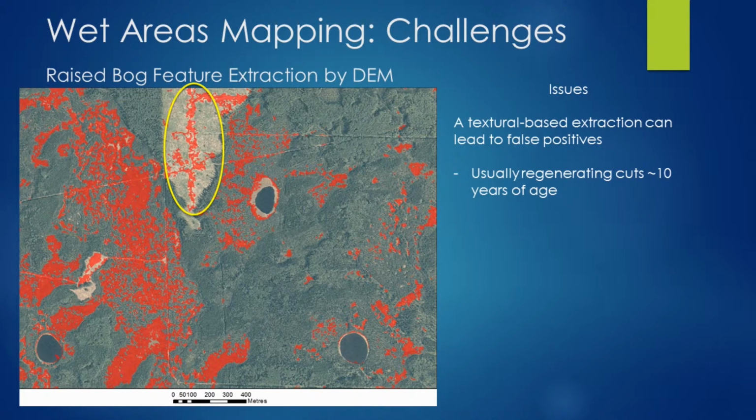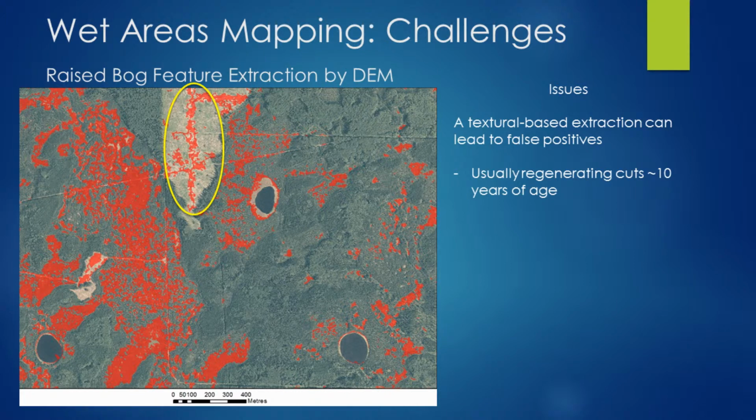So similar to the intensity stuff, we can have characteristics of elevation structure or structure of the vegetation or whatever exists on the landscape that can be fairly consistent for the wetland features, but any other features that share that same structure for whatever reason will also be picked up by the algorithm.